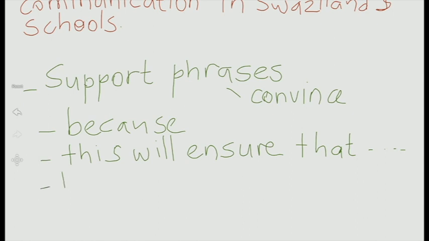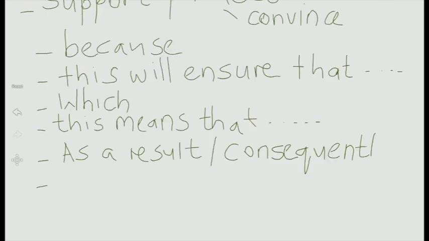And then also we've got "which," which is also an example of a support phrase. And you can also have this one. So you can have these ones, which means "as a result." So if you listen to these carefully, you'd expect an explanation, a reason behind that opinion that you have.